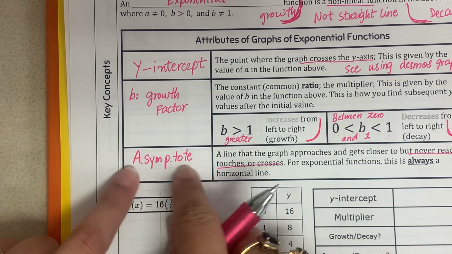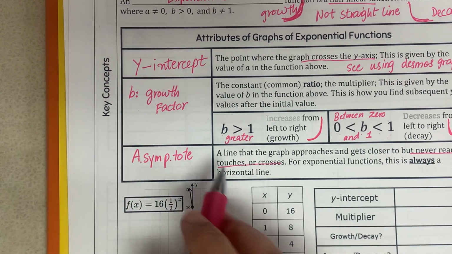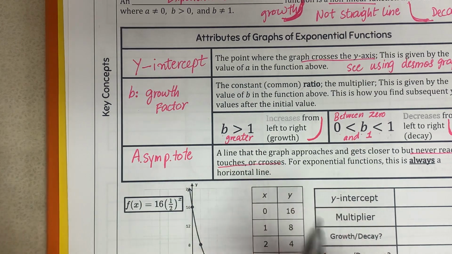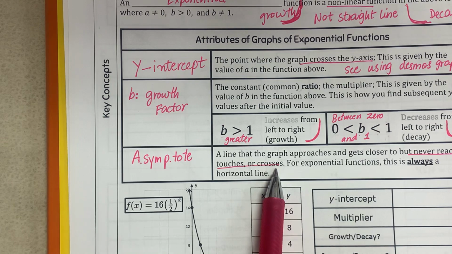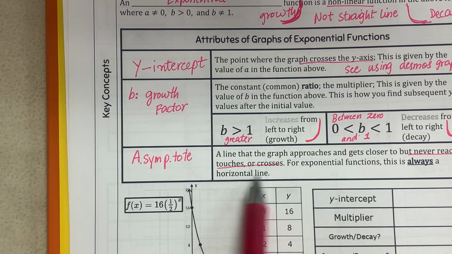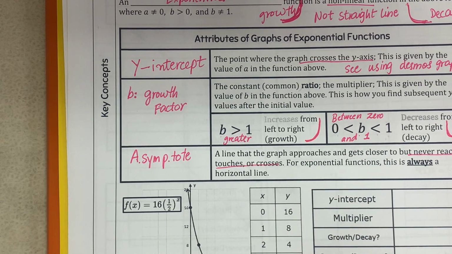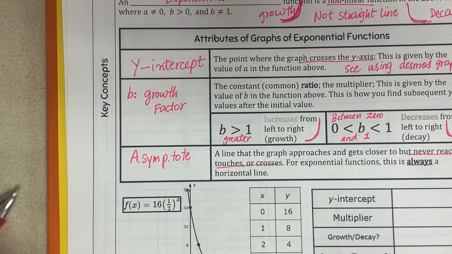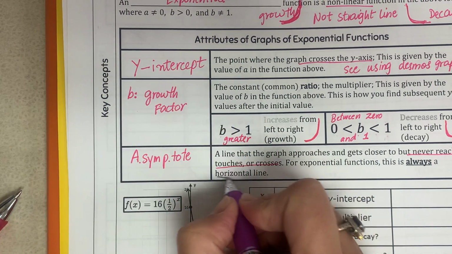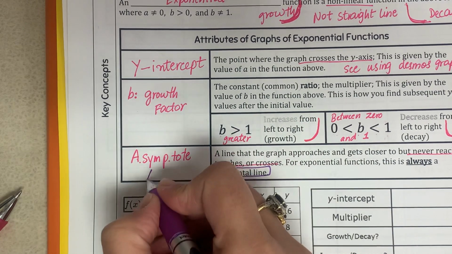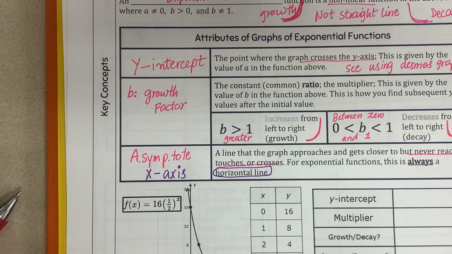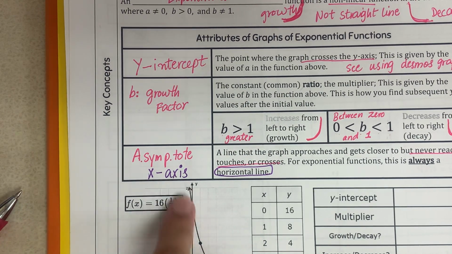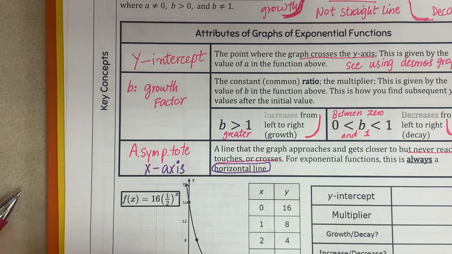This is a line that the graph likes to go towards, but it is never going to cross. This is always a horizontal line, which is the x-axis. In your Algebra 1, because you deal with normal exponential functions, your asymptote is going to be the x-axis or the horizontal line.